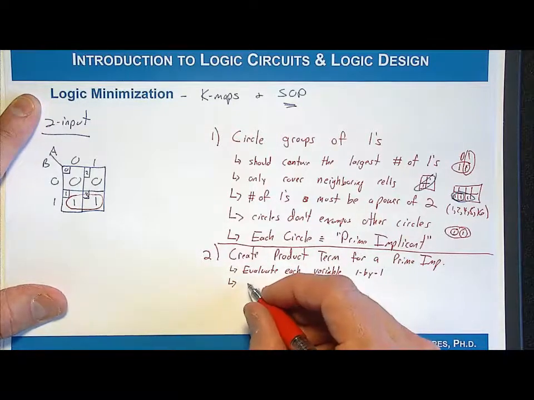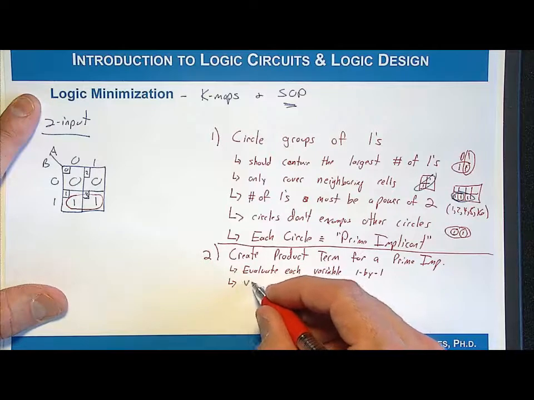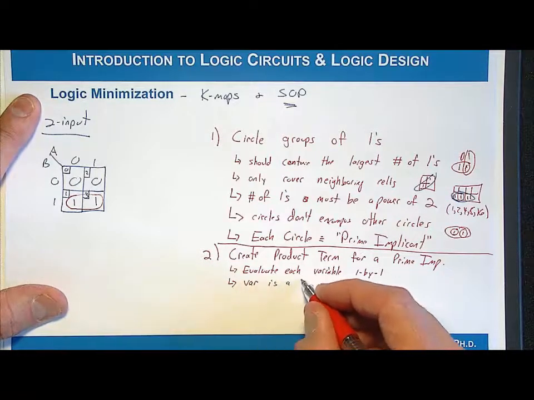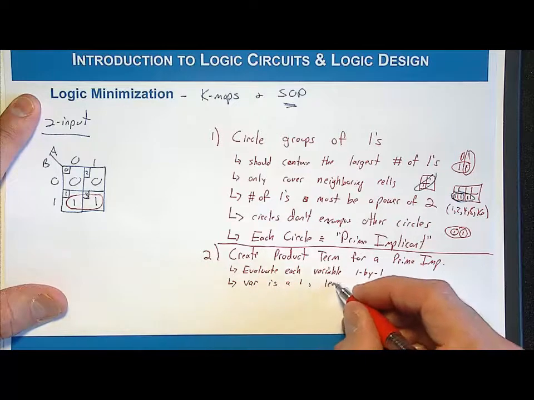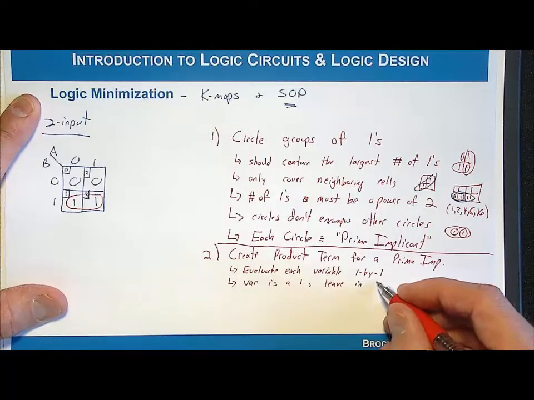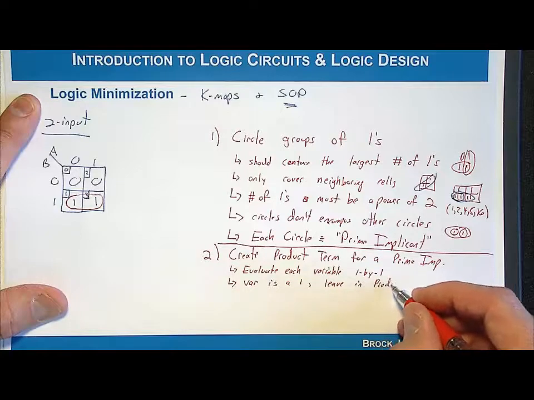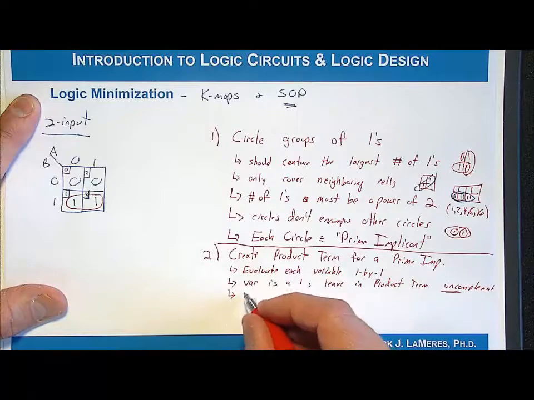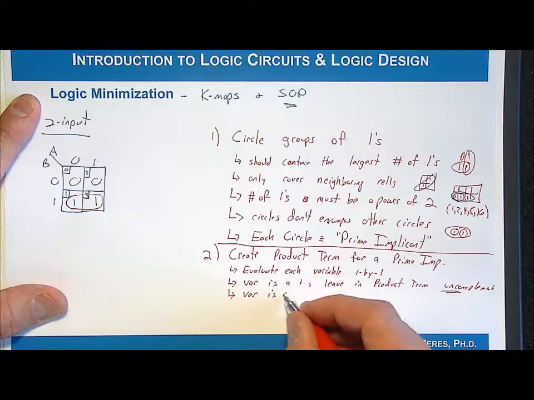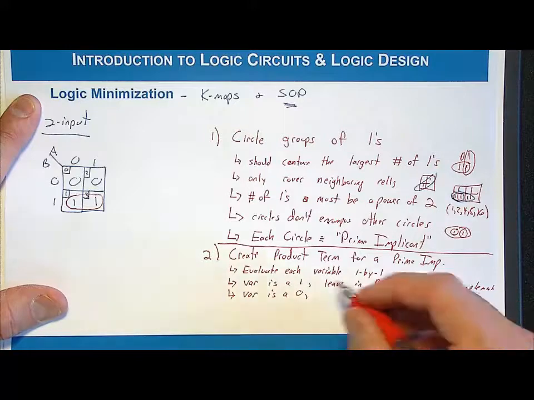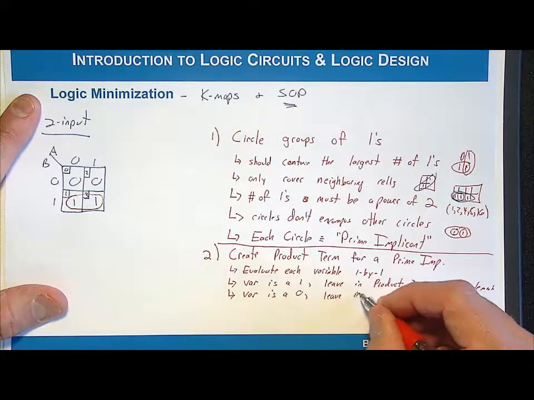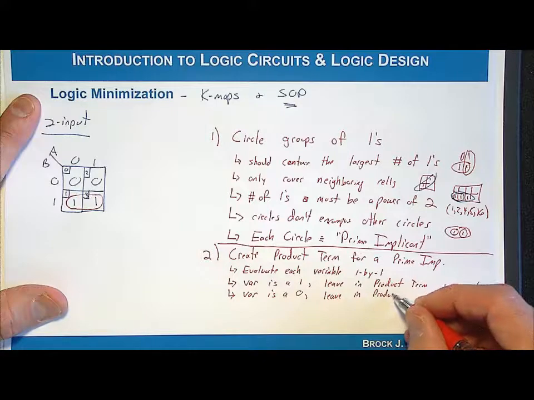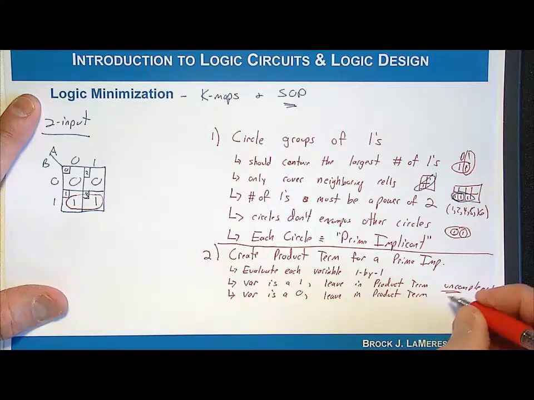If the circle covers a region where the variable is a 1, leave it in the product term uncomplemented. If the variable is a 0 for the region that the circle covers, you leave it in the product term complemented.